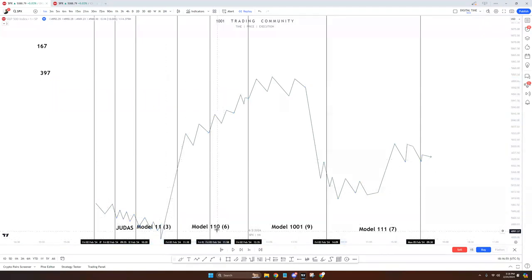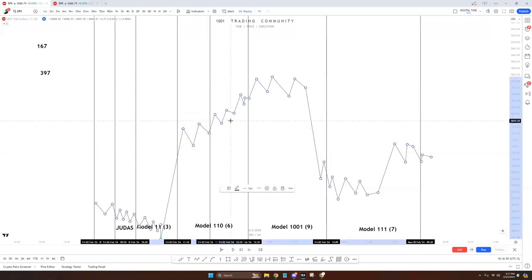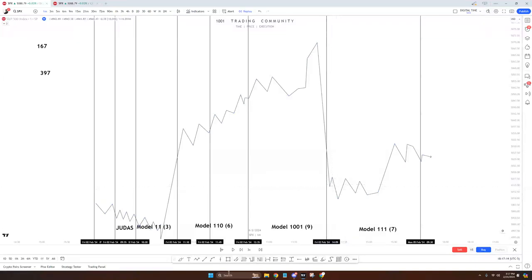What can you expect for Model 6 now? Continuation or time distortion. Then, Model 1001 is high probability. It can also just distribute on a trend day towards the upside. So pretend this right here is up here, and it just continues with a drop later on for Model 111.